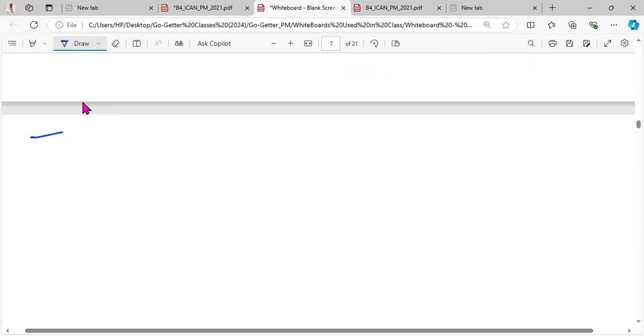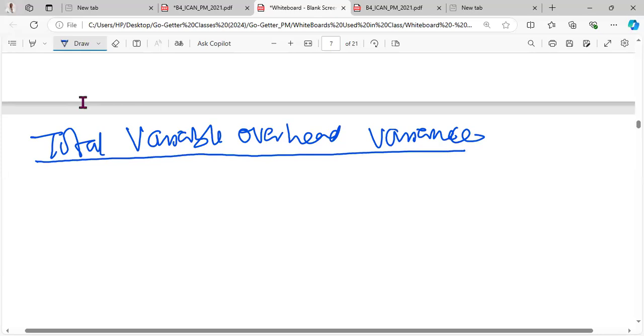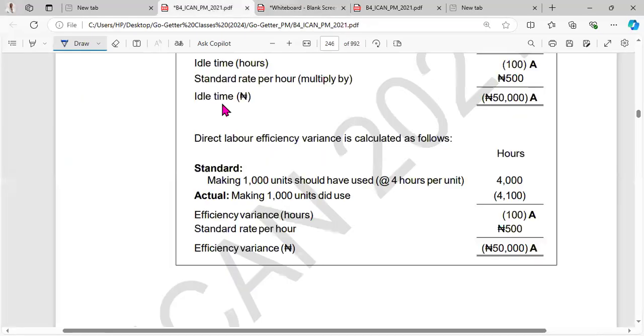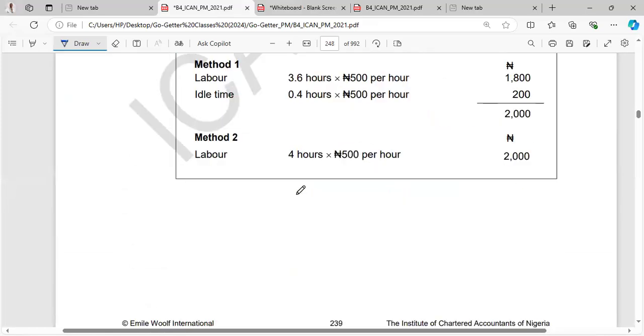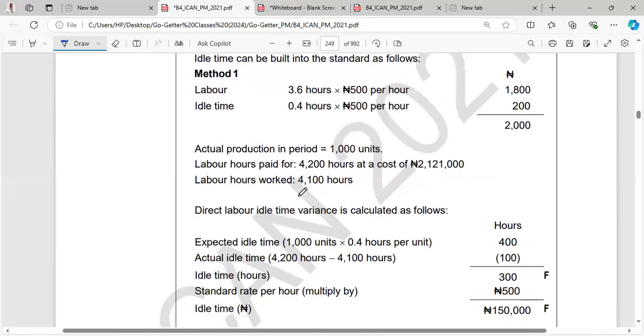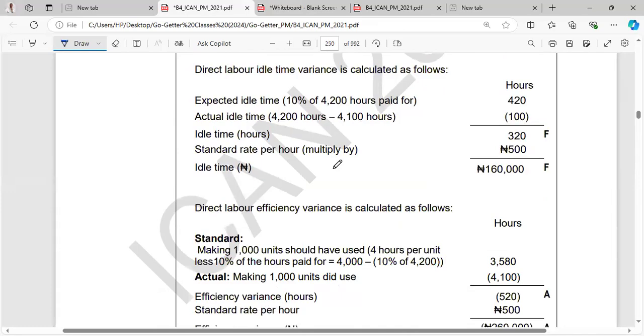Let's say total variable overhead variance. Total variable overhead variance. Before we go into that, we'll look at possible reasons why there is labor variance.